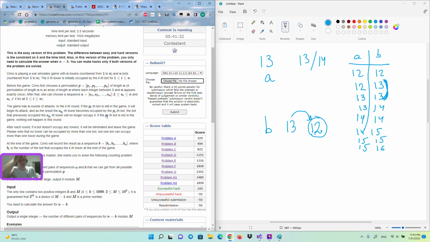After each round, if a bot doesn't occupy any towers, it will be eliminated and leave the game.